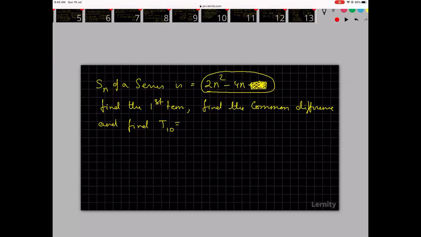Okay, so we know that sum of n terms is equal to n by 2 into 2a plus n minus 1 into d, right? So I have to convert this into that form. So how do I convert this into that form? So I have 2n squared minus 4n. So what I will do, I'll first take n by 2 common. So if I take n by 2 common, what will I have? I'll have 4n minus 4. Okay, so if it is 4n minus 4, I have to now write it in n minus 1 terms.